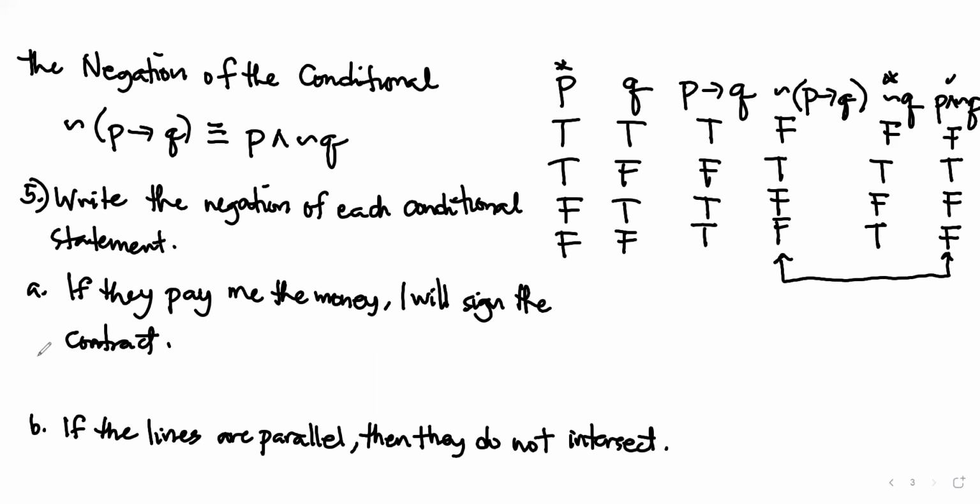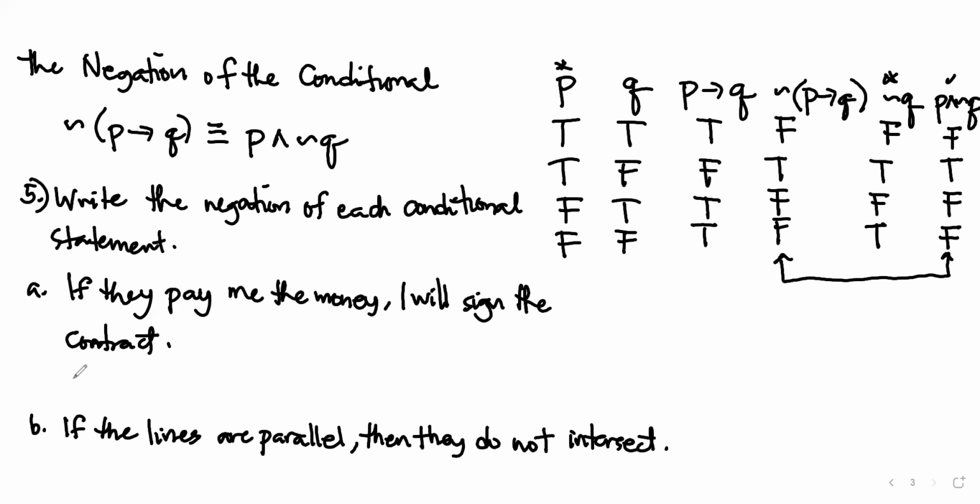We're going to write the conjunction of the antecedent and the negation of the consequent.